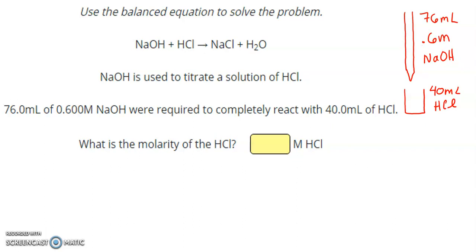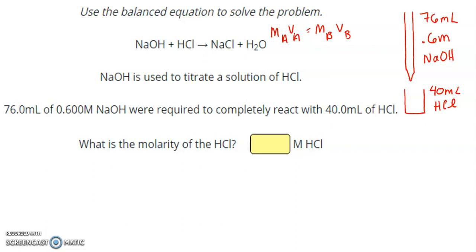And so there's a couple ways to solve this. If you have a 1-to-1 ratio of acid to base, then you can use an equation that looks like this. Molarity of the acid times volume of the acid equals molarity of the base times volume of the base. So if there's a 1-to-1 ratio, which we have, you can use that equation.